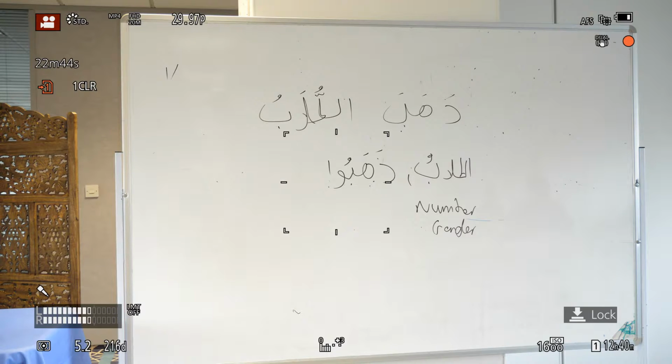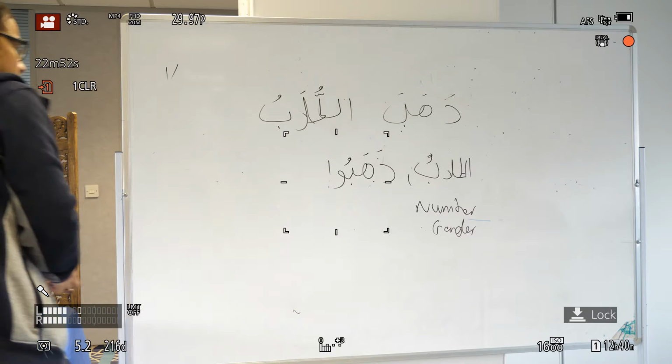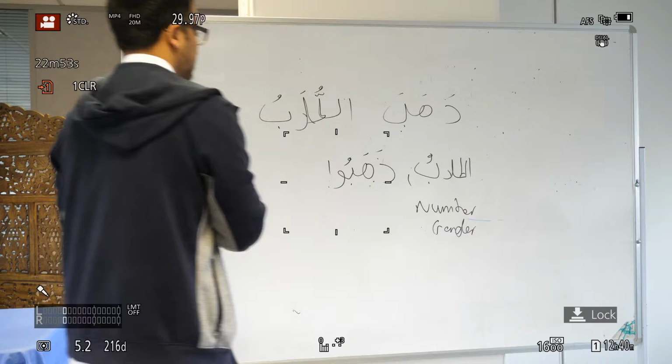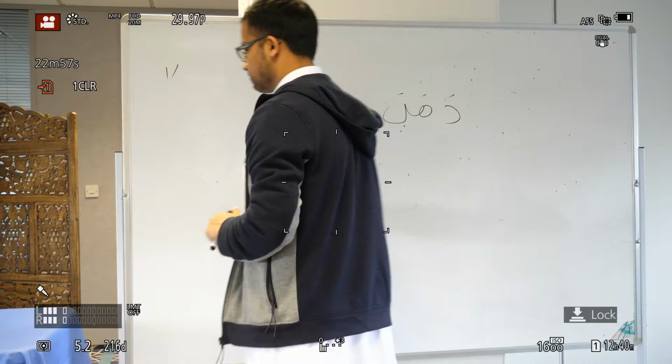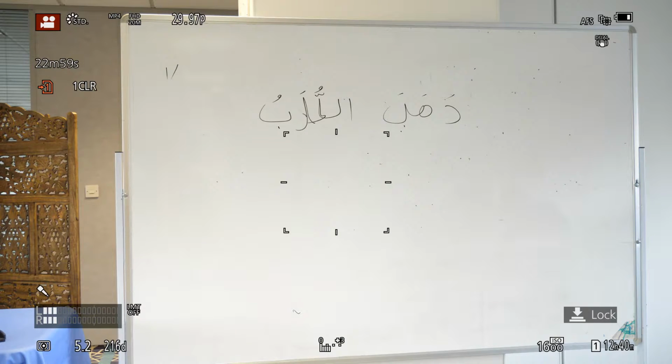If you're going to say at-talibatani, two female students, you're going to say dhaha-bata. It's exactly the same. So you can only have an ismu laysa if it's what version? Laysa or laysat.